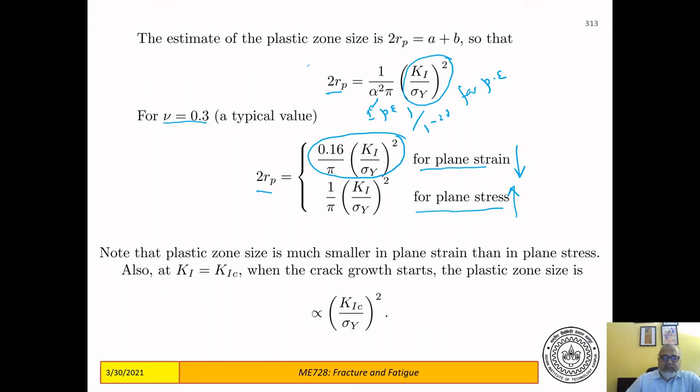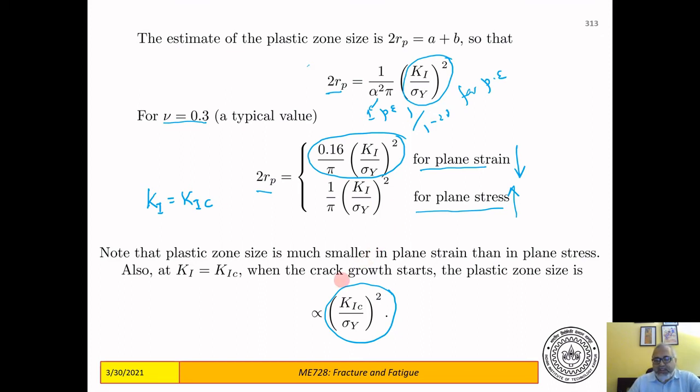So when the material fails, when the crack starts to grow, we will have K1 equal to K1C. At that point, your plastic zone size will be proportional to K1C by sigma y, whole squared. So this is a parameter that is going to tell you whether small scale yielding assumptions are valid.